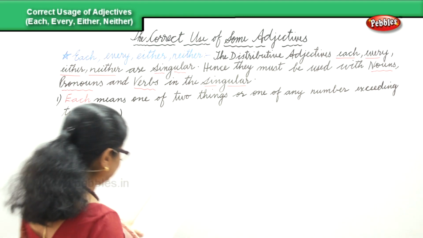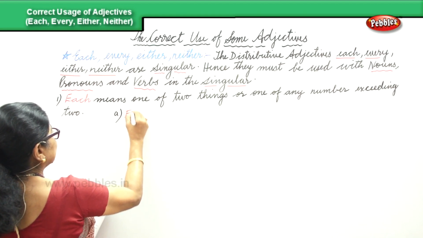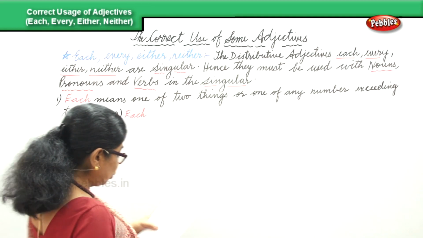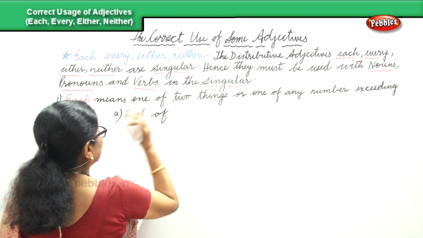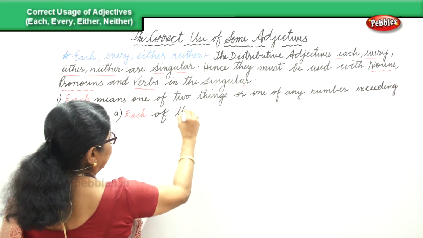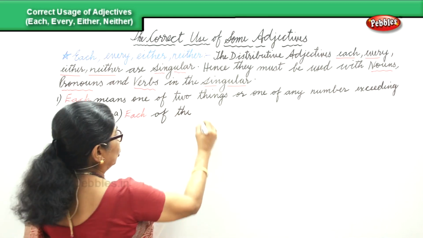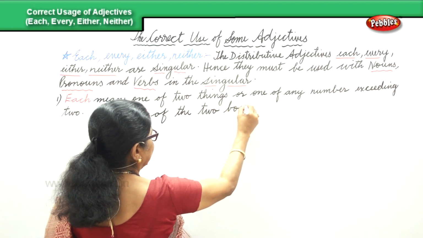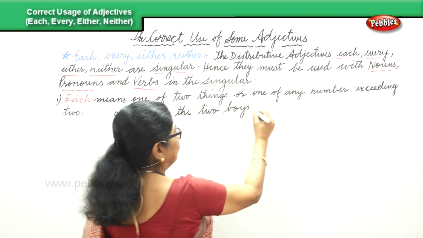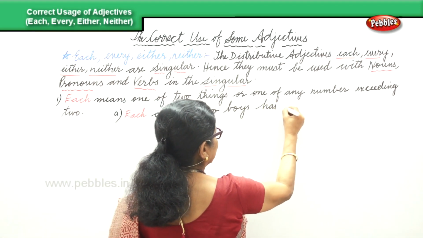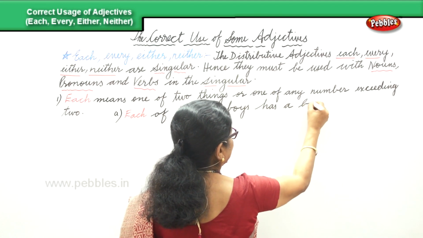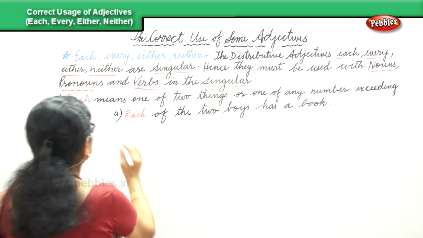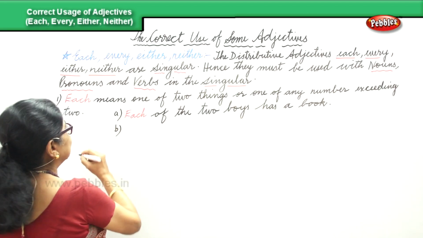So, each of the two boys has a book. That's the first sentence.